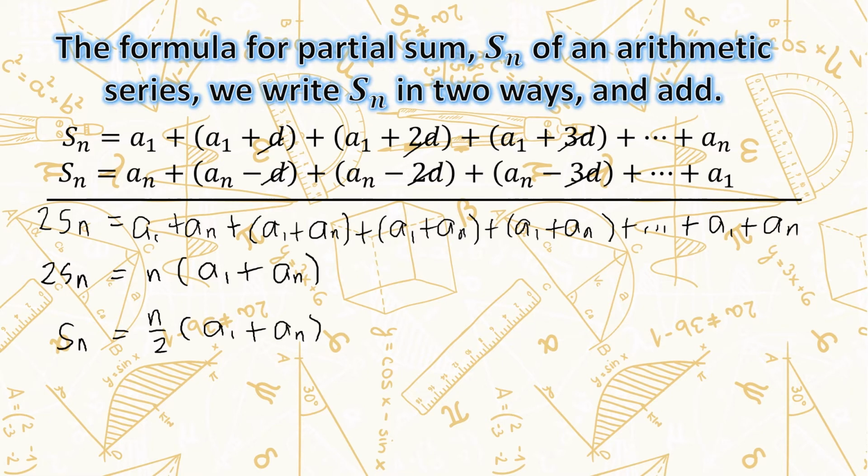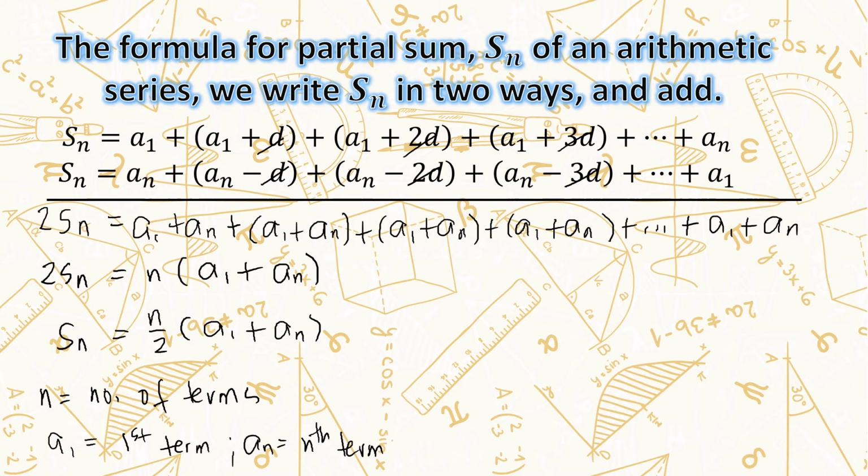And this is the formula for the partial sum S sub n of an arithmetic series given n, the number of terms, A sub 1, the first term, and A sub n, the nth term of the series.